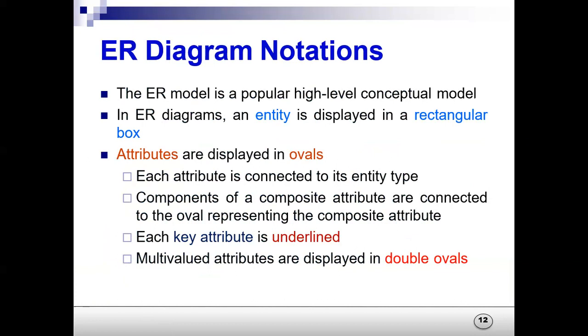Then if a table has a unique key, that is a primary key, we discussed about it, that is unique to each table, then we underline it. How do we understand in a diagram? By giving an underline to that attribute. Okay, and multi-valued attributes are displayed in double oval.